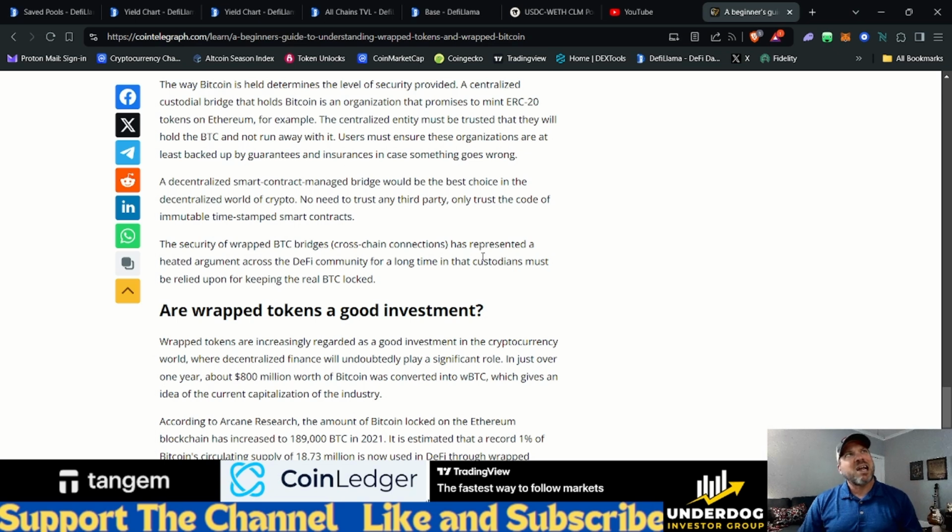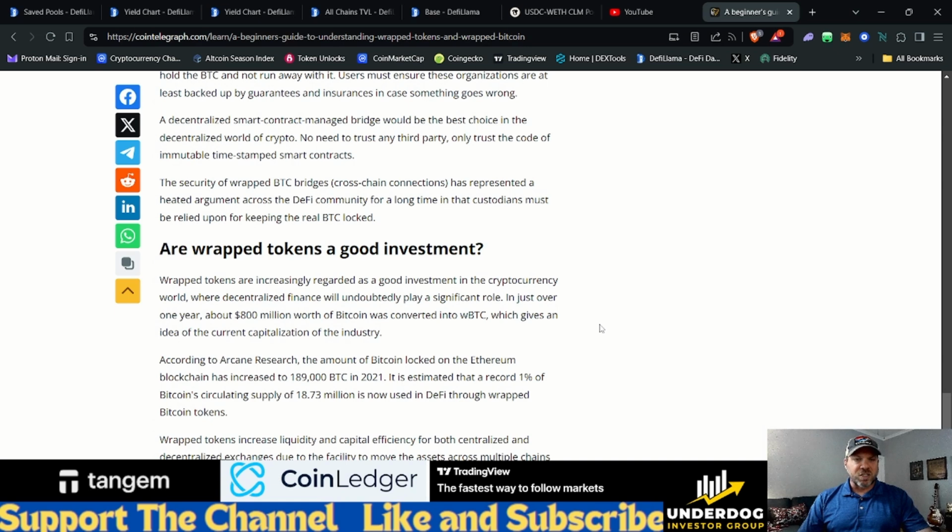Now, just like any crypto, there is risk in anything that's wrapped or an NFT or in a liquidity pool. All that is risky. But wrapped tokens can be a good investment because it doesn't just provide more liquidity for the system itself to allow for more trades and more applications to flourish within the DeFi system, but the wrapped tokens can also provide more capital.